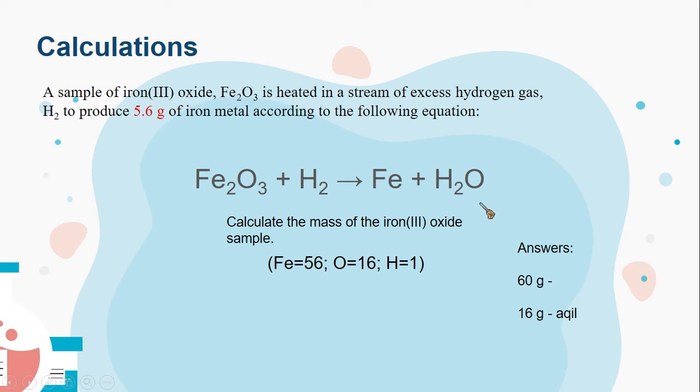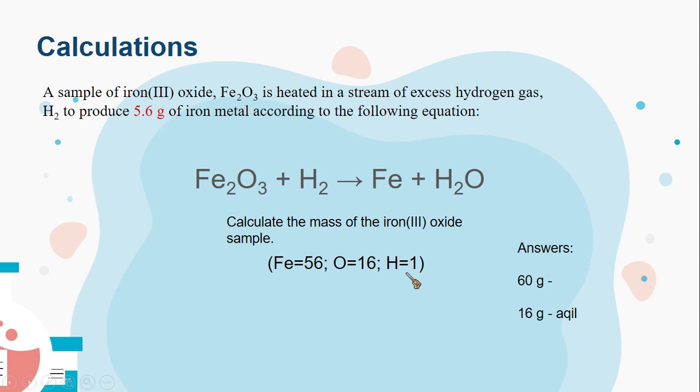Look at the equation: Fe2O3, iron 3 oxide, plus hydrogen gas, you get iron plus water, H2O. In the question, they ask you to find the mass of iron 3 oxide. In the question, I already gave you the RAM, relative atomic mass, of iron and oxygen.